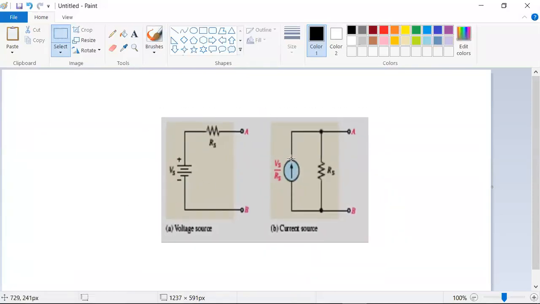So in this, we are going to convert from the practical voltage source to the practical current source.